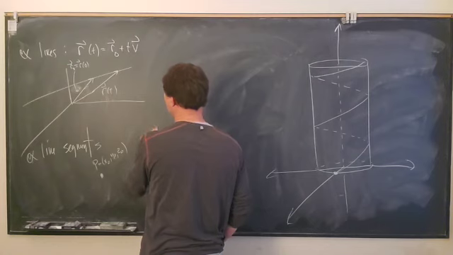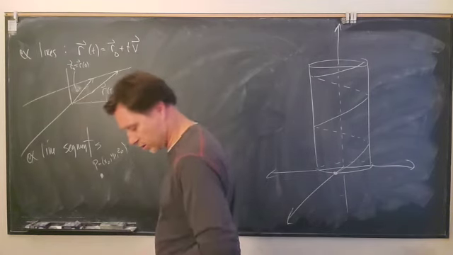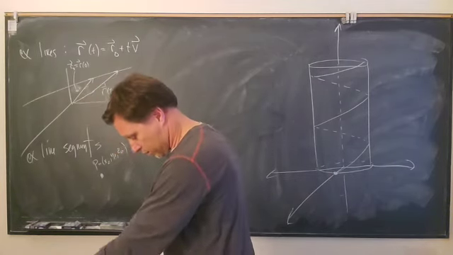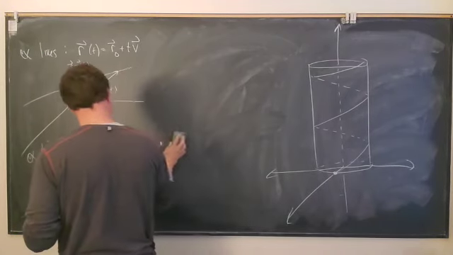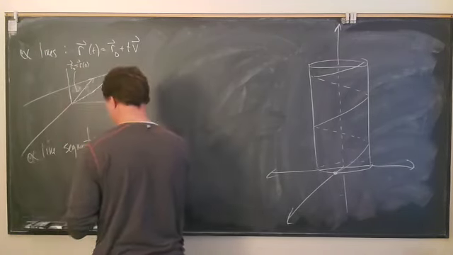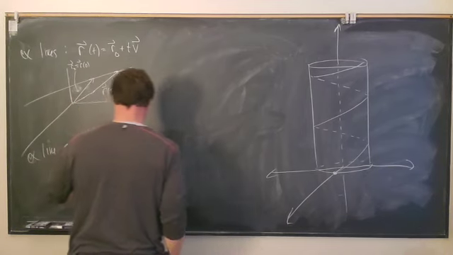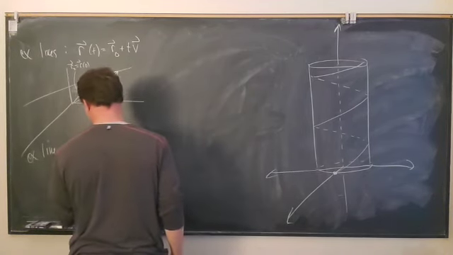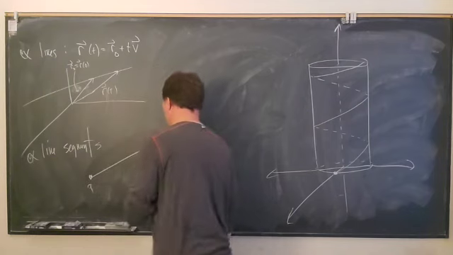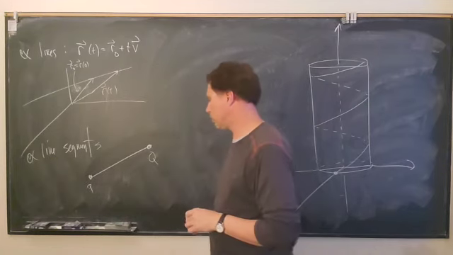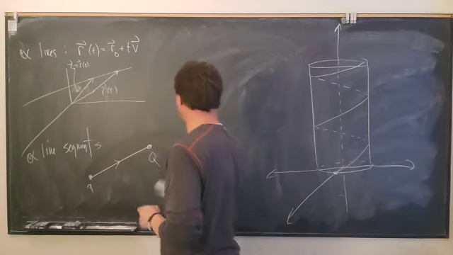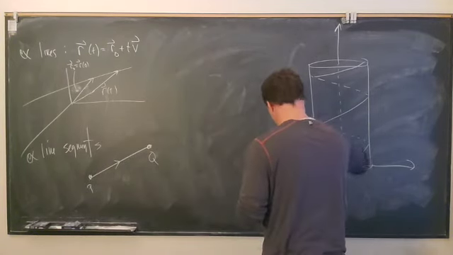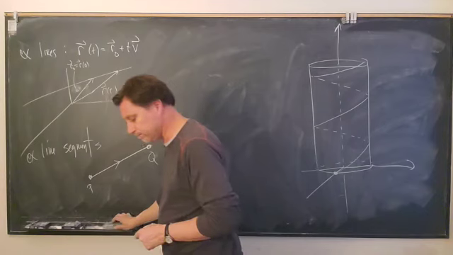This will work in both R2 and R3. Let's do it in general, so I don't have to write it twice. Let's say that I want the line segment from P to Q, and I'd like a parameterization, a vector valued function that describes this.